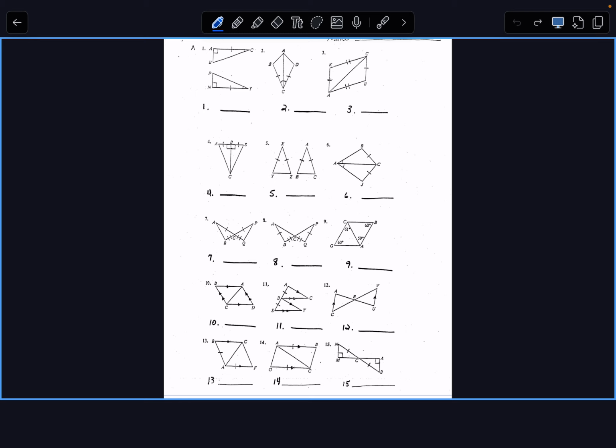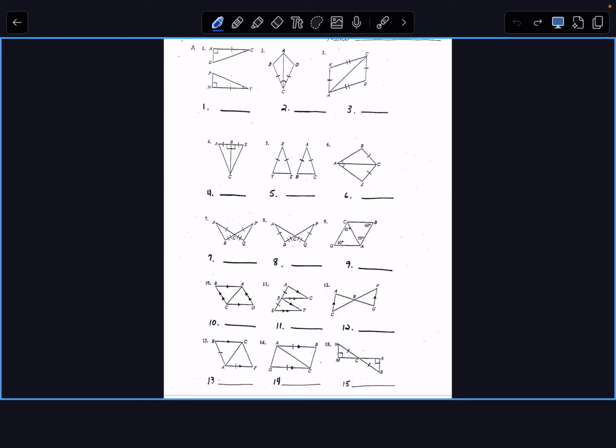No, these two are connected. Opposite side is... Is 11 no?